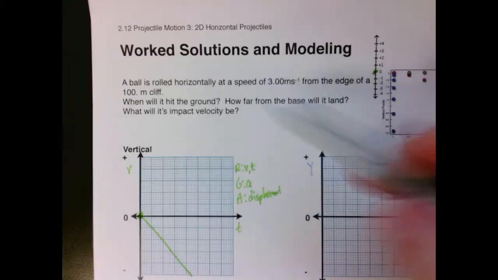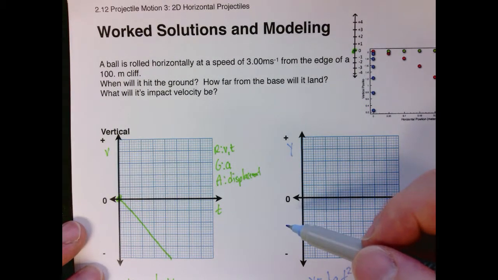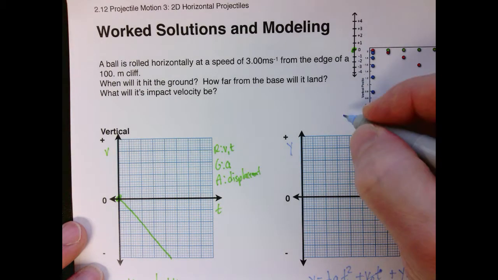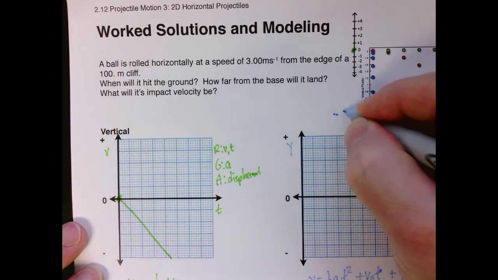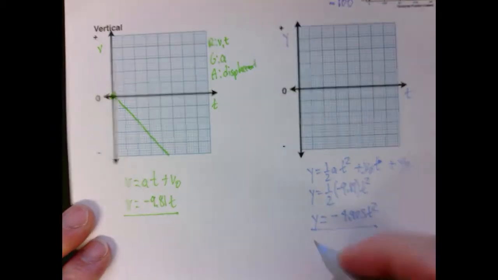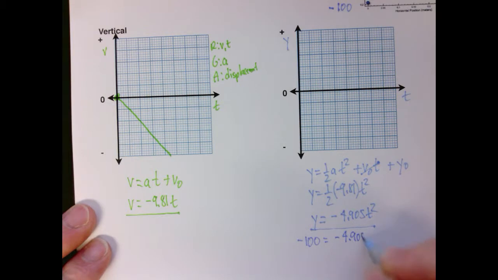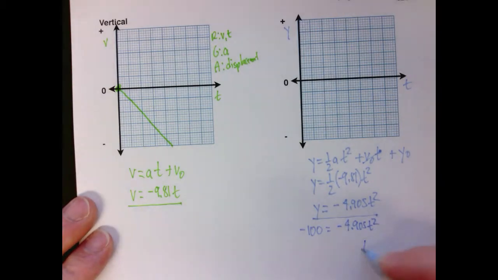So can we determine when it hits the ground? Well, what do we know when it hits the ground? The cliff is 100 meters tall, so we know it will hit the ground when it reaches a position of minus 100. So minus 100 equals negative 4.905 t squared. And then t squared is minus 100 over negative 4.905.